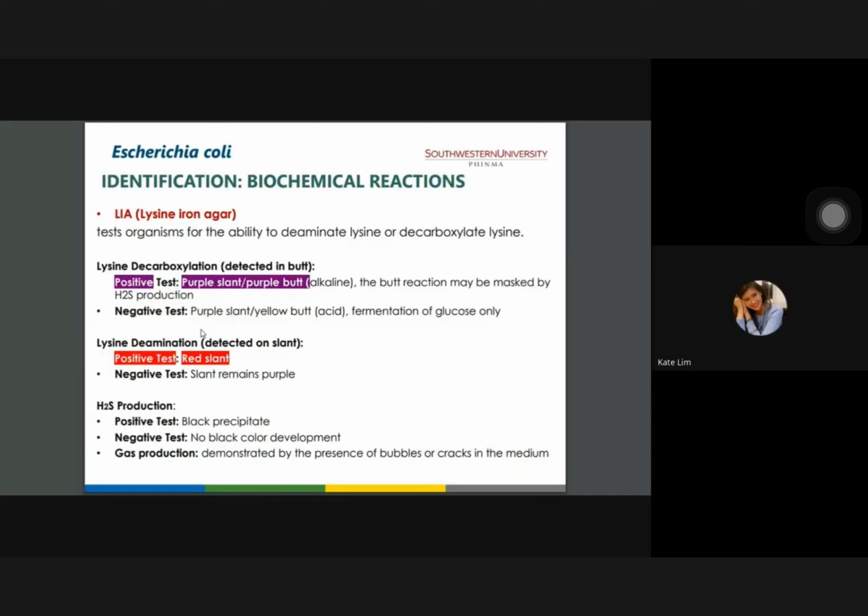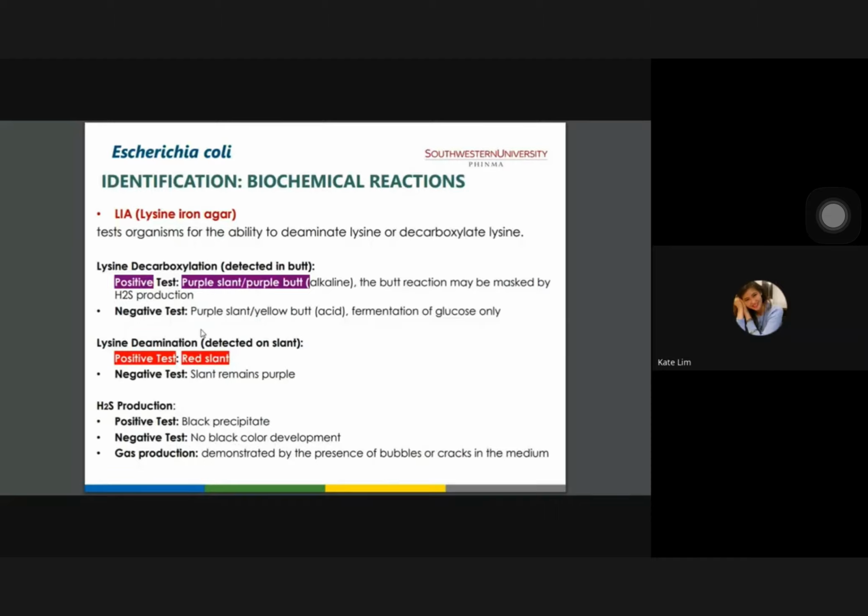Again, for decarboxylation, if the butt is purple, it is positive. Where do we check if the bacteria is positive for lysine decarboxylation? The butt, the bottom. If it has a purple butt, then that is positive.